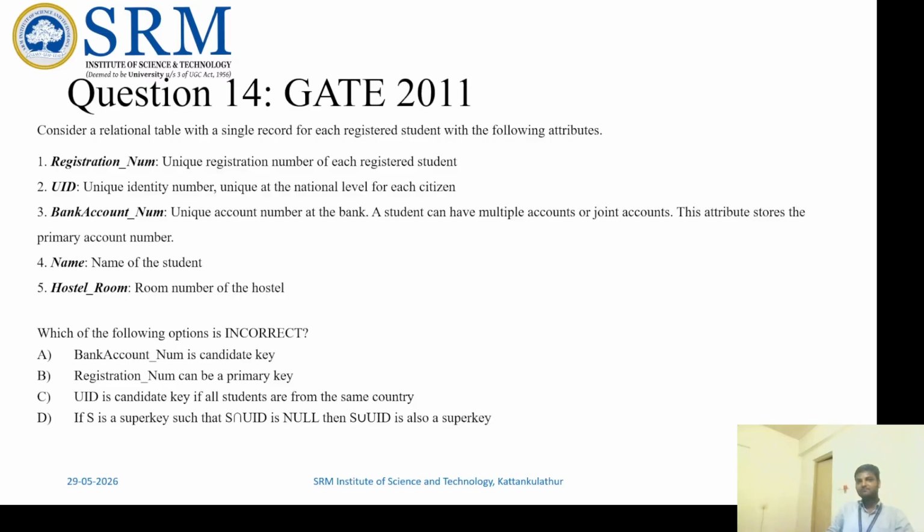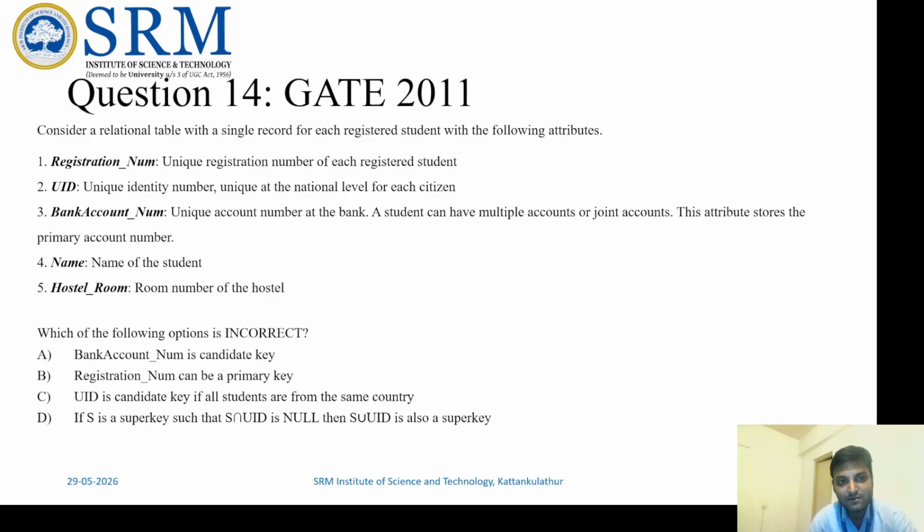Second question of this video, question number 14. Consider a relational table with a single record for each registered student with the following attributes. Registration number, a unique registration number of each registered student. UID, unique identity number, unique at the national level for each citizen.